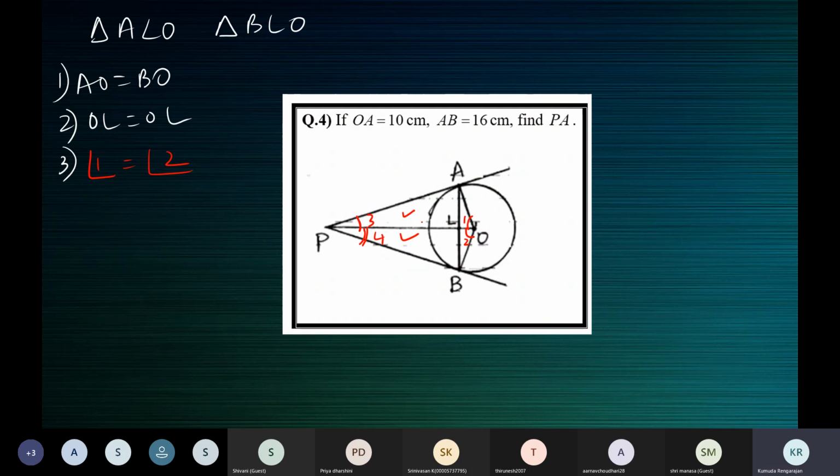You have this in your tuition notebook. Angle 1 is equal to angle 2 because equal tangents make equal angles at the center. Angle 3 is equal to angle 4. Reason is equal tangents are equally inclined to the line segment joining the center and the external point.